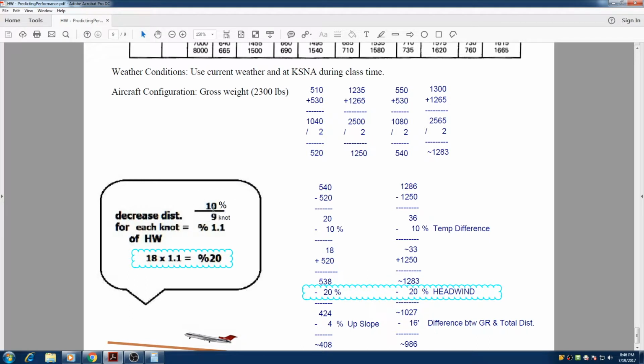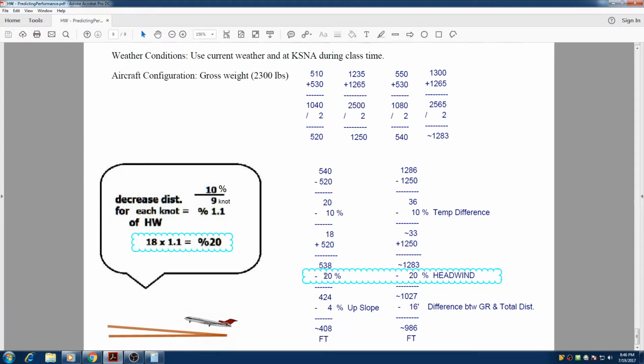If we simply divide 10 by 9, it's going to be 1.1. So if we have 18 knots of headwind, it's going to be 18 times 1.1, and we get 20%. So we need to decrease 538 by 20%, and we get 424.